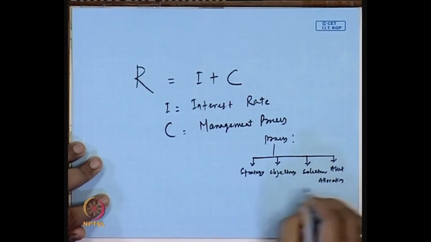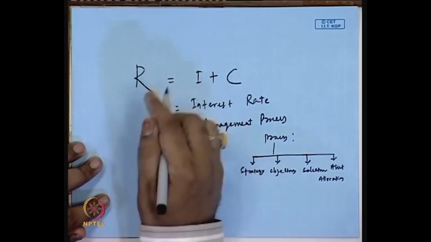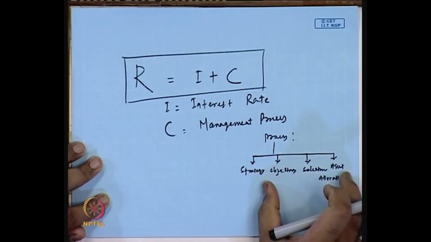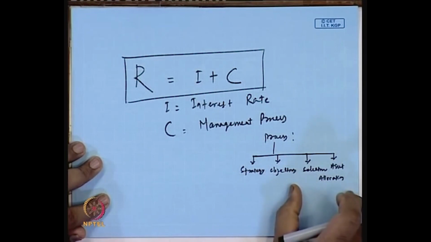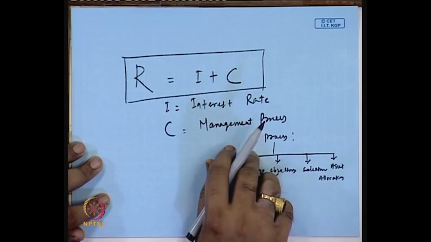If you include all of these, this talks about the process. So, the return we observe from a bond portfolio consists of all the phases that together make up the management process.